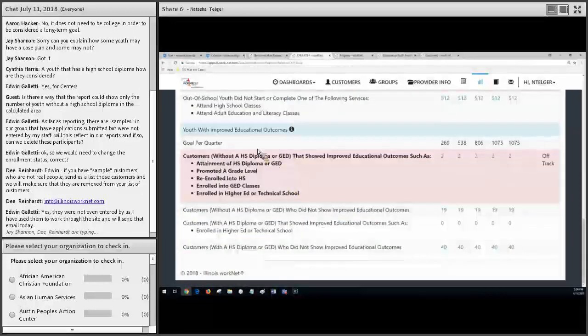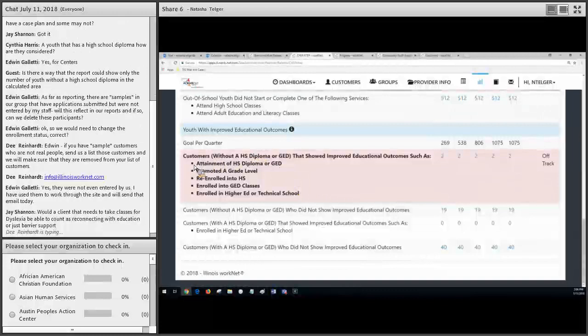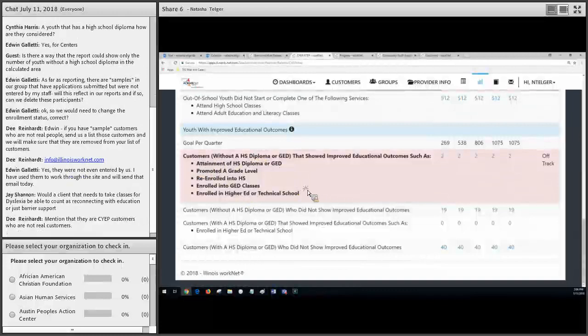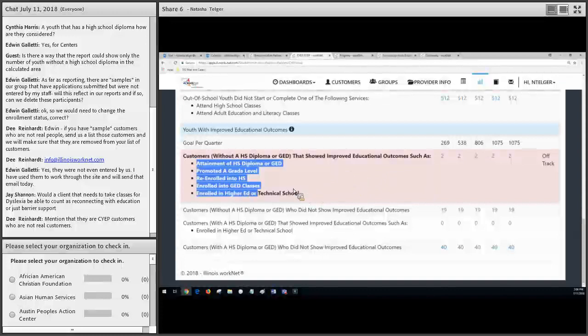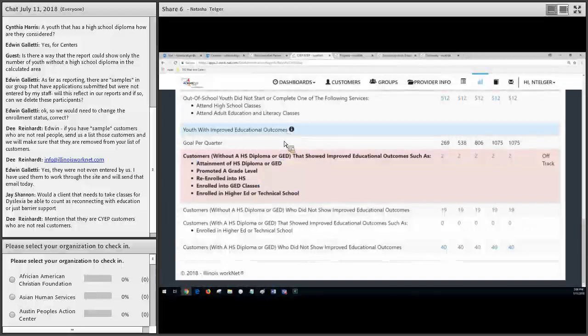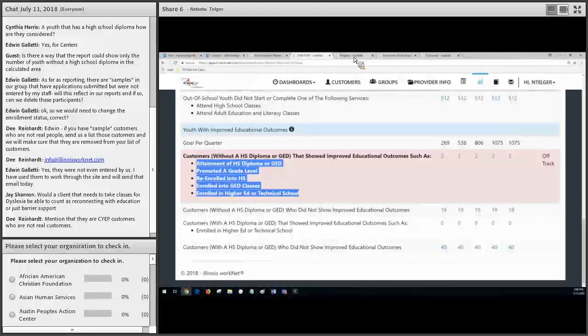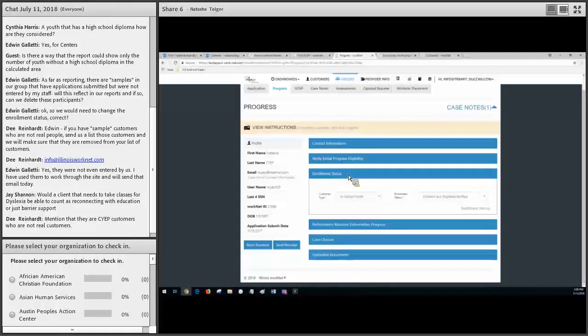Okay. All right, let's see where we are. So now we are down to youth with improved educational outcomes. Now this area, I'll have Cody put a note on here as well, as we talked about this quite a bit.